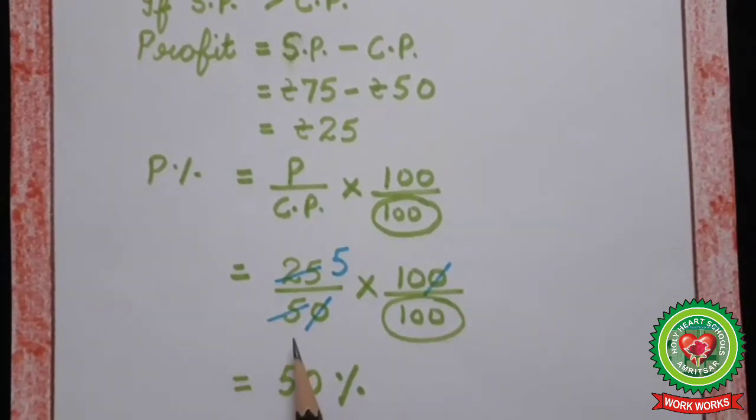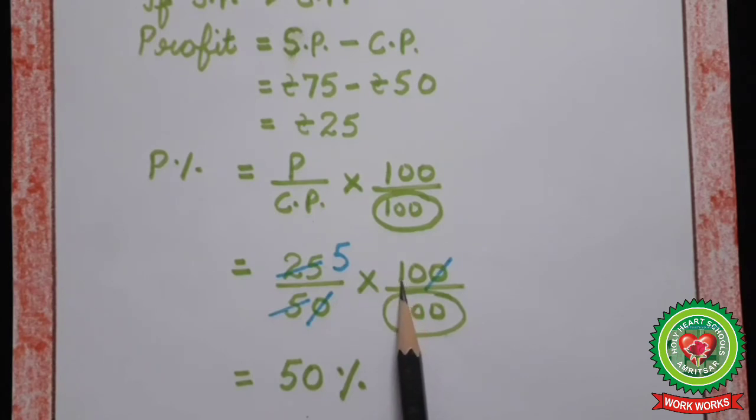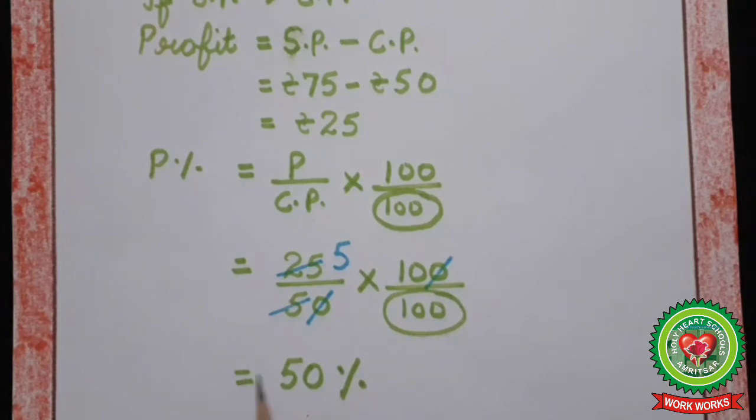So after doing the simplification, 0 cancels with the 0. 5 and 25 come on the common table of 5, so they get cancelled with one another. We have left with 5 and 10 in the numerator. So 5 multiplied by 10 comes out to be 50. Must write down percentage sign because we have calculated profit percent here. So 50% is your required answer.